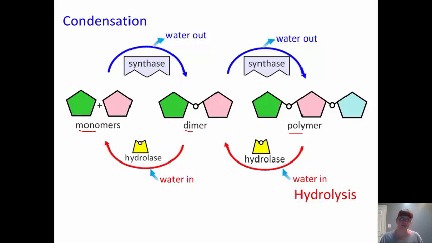If we go in the reverse, we can go from polysaccharide through hydrolysis to a disaccharide, and from a disaccharide through hydrolysis to a monomer. So this is a really great simplified review of the processes and how they build molecules and break down molecules.